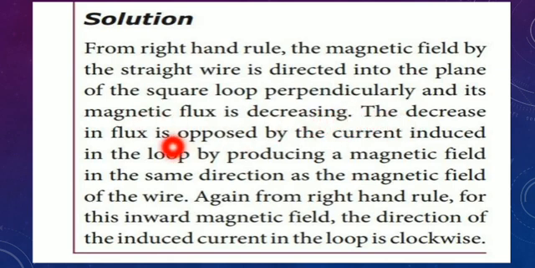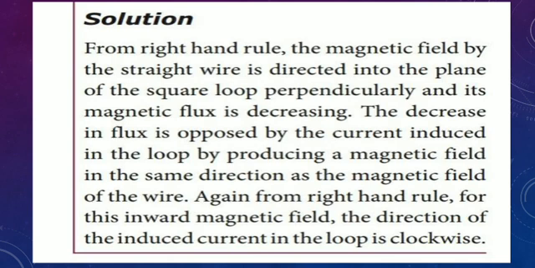The decrease in flux is opposed by the induced current in the loop, by producing magnetic flux in the same direction. The wire is perpendicular to the plane of the loop. Due to that, the induced current produces the magnetic field in the same direction.